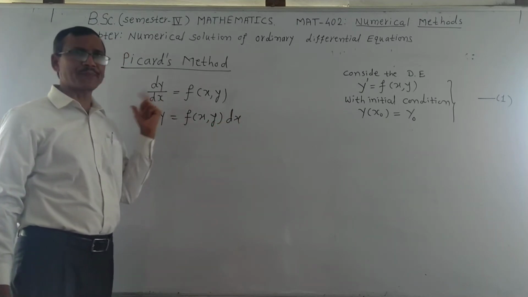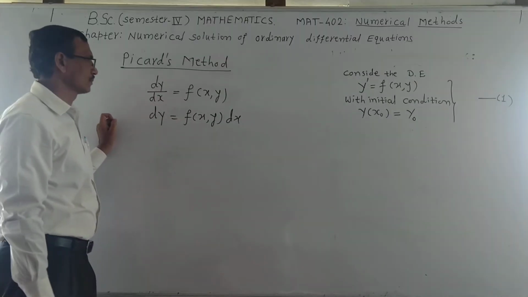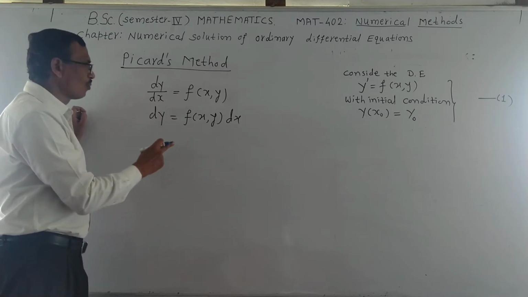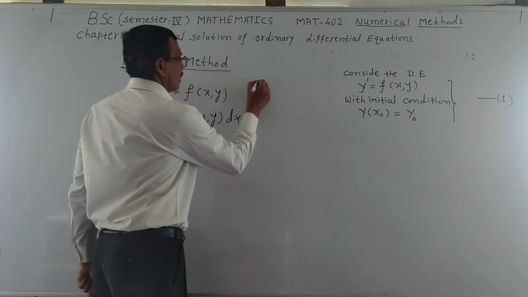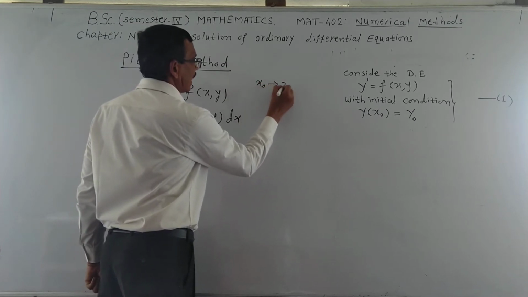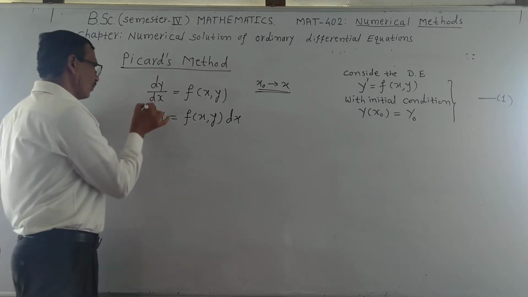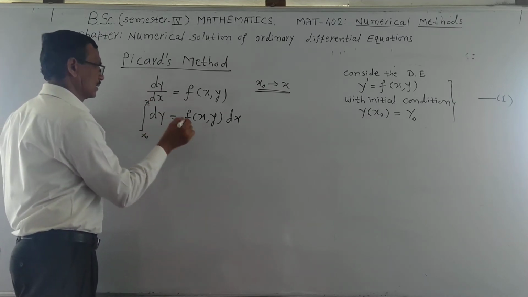That means we have separated the variables and then integrating on both sides from x0 to x. Integrating both sides from x0 to x, we get the integration from x0 to x.